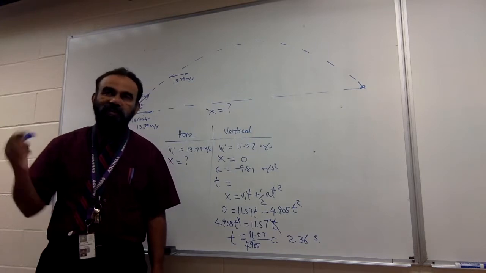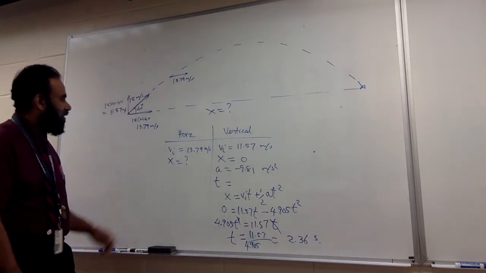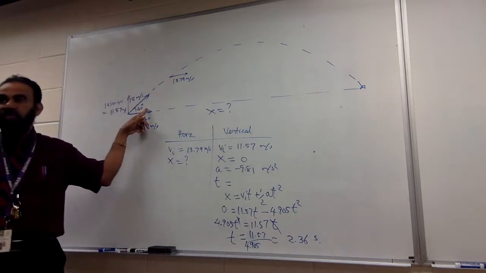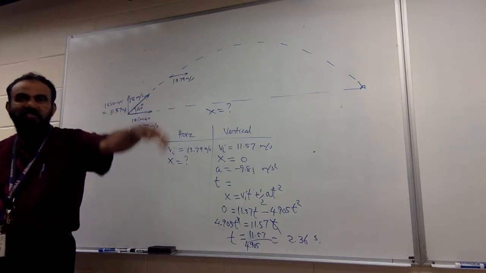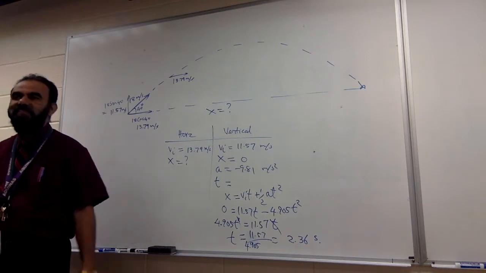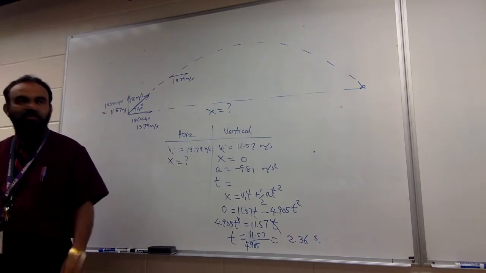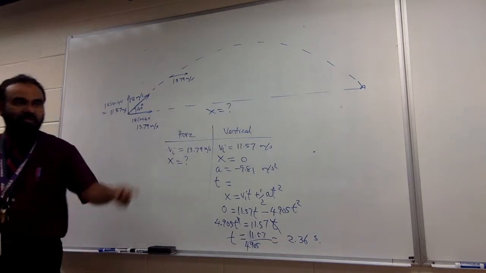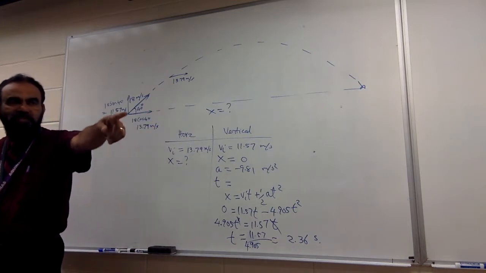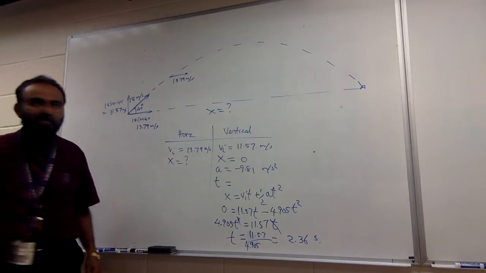That is why in real football, when they pass the ball, they don't toss it at 40 degrees. They'll probably toss it at 10 degrees, flat. All they want is a 10-yard throw. So as soon as they find someone right next to them, they just throw it almost flat.